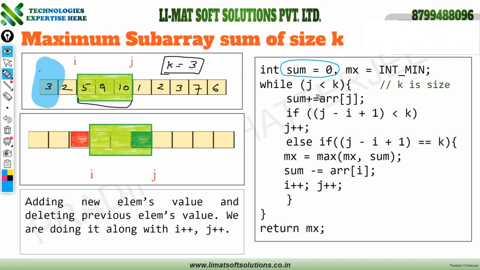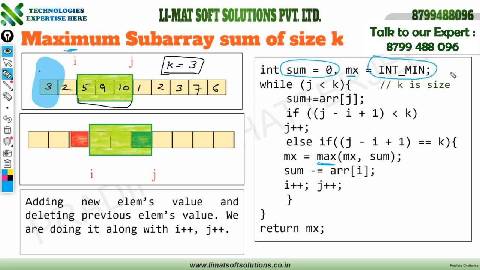This sum variable will hold the value of the sum, because I have to calculate the maximum among them. In C++ STL we have a function called max. Using this function we can calculate the maximum. So I will keep updating the maximum value, and initially the max variable will have the value INT_MIN.